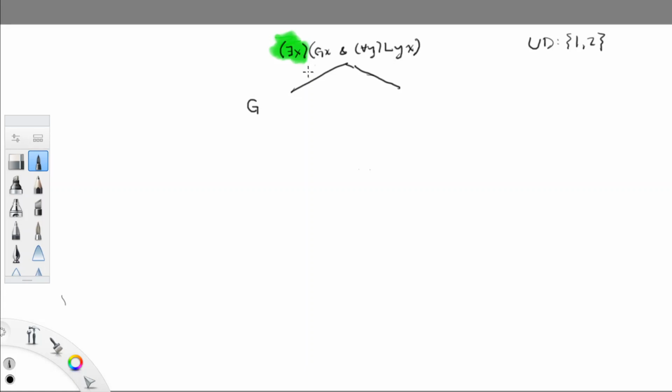X follows the letter G. We're going to replace that x with 1. Same with the second x. Then we'll hop over to the second instance, drop the quantifier in outer parens, starting with G. When we come to that x, we're going to replace it with 2.